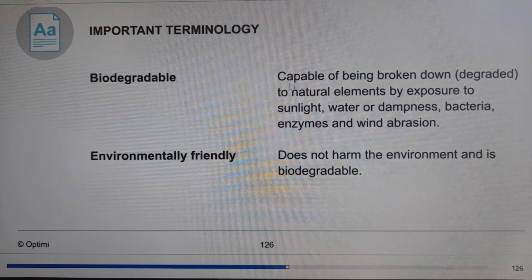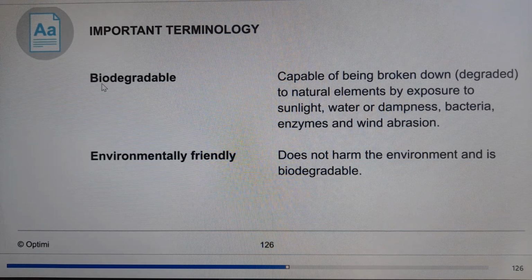Okay, so the example when they talk about something that is biodegradable, for example, the card box. Card box or paper over time can be broken down to natural elements, but plastic is not biodegradable. But you need to know this definition of biodegradable.